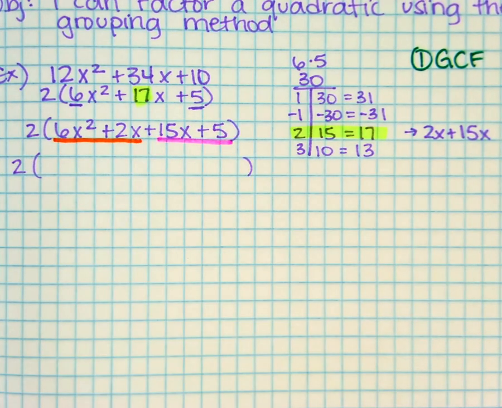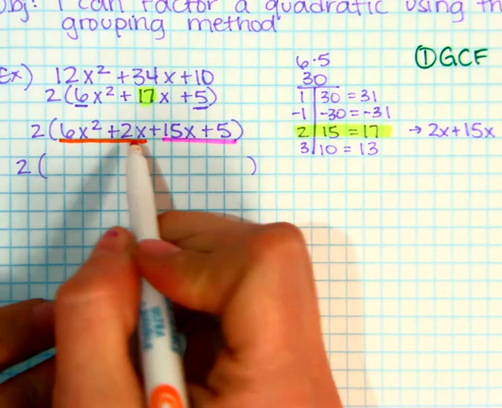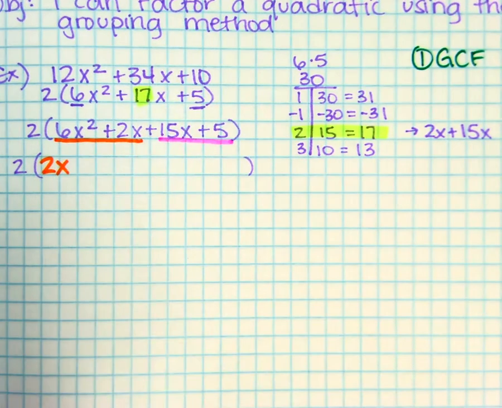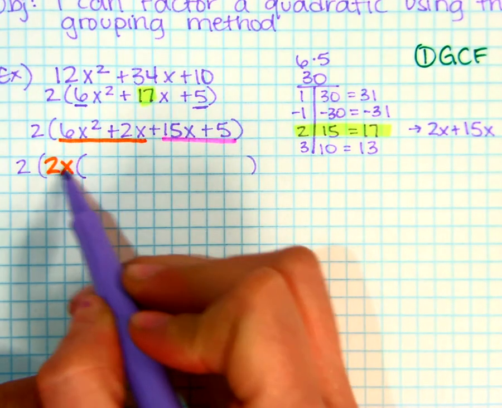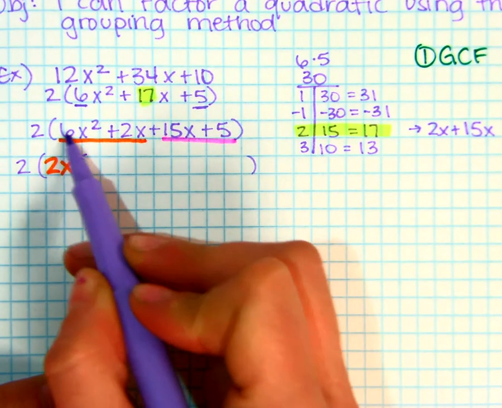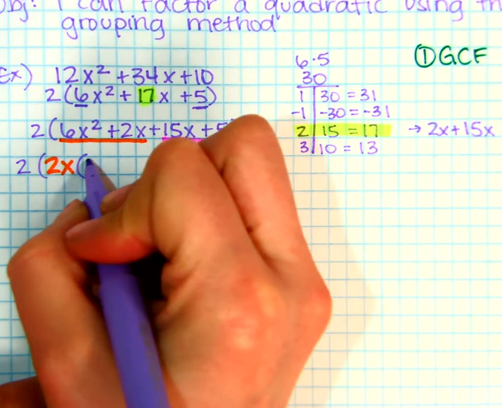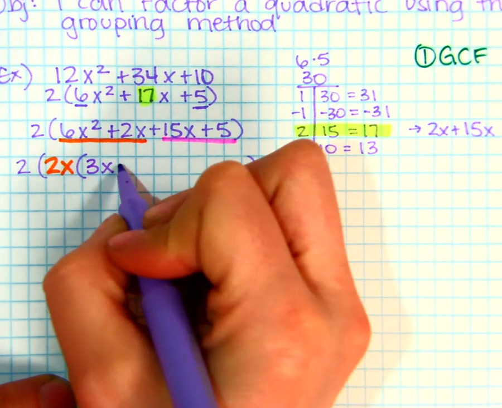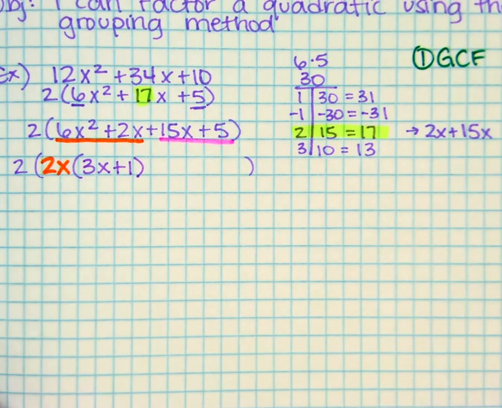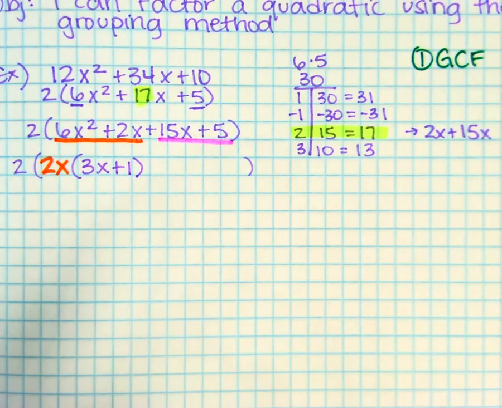Alright, well that's going to be a 2x. And what's left over, 2x times what gives me 6x squared? That's going to be 3x. And 2x times what gives me 2x? Well, that's 1.